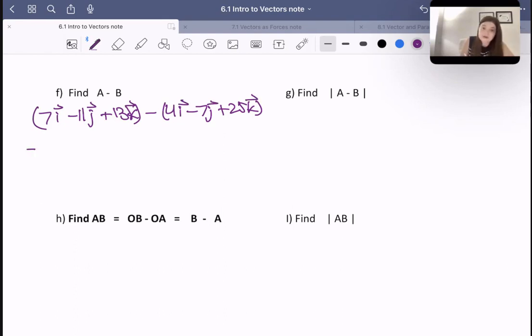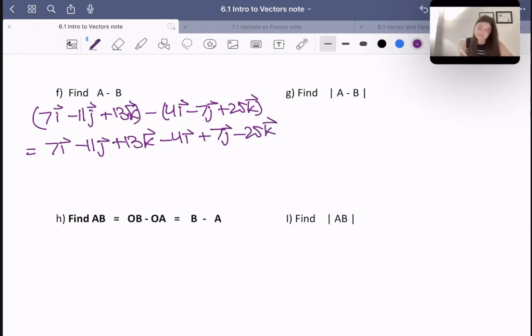There we go. So here we're going to have 7i minus 11j plus 13k minus 4i plus 7j minus 25k, because remember we got to distribute that negative through all three, that's important.